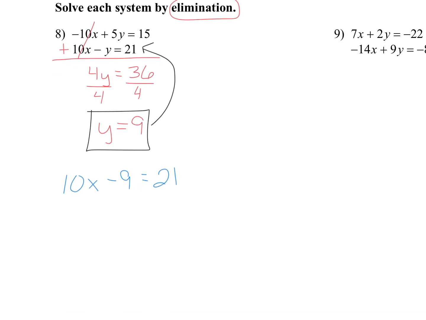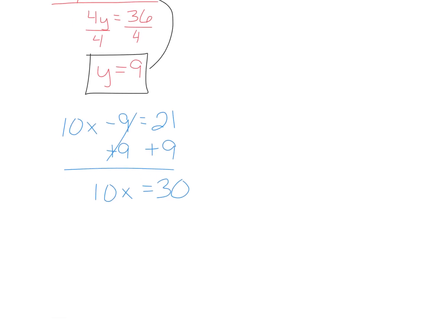Next, I'm going to add 9. So we have 10x equals 30. Last step, divide by 10, x equals 3. So you have your x and you have your y and you're done.